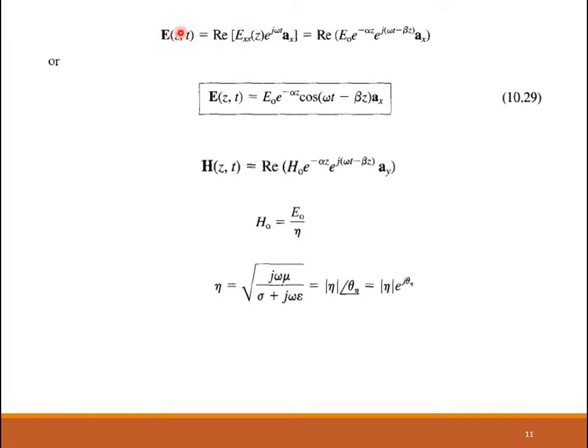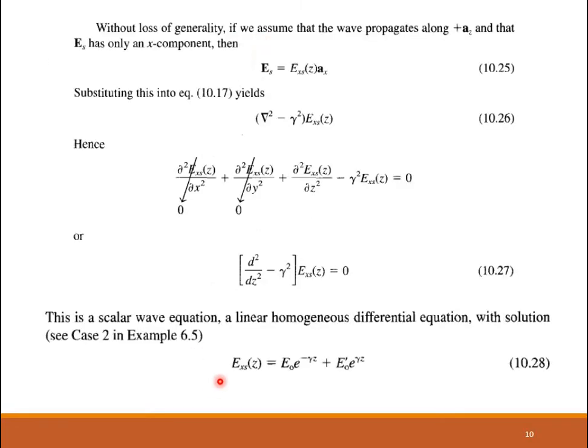So the total E is actually the real part of EXSZ e raised to j omega t ax. Okay, I have brought back the time factor. Now here this is E0 e raised to minus gamma z, isn't it? What is EXSZ equal to? It is equal to, this term is 0. This term is 0. This is E0 e raised to minus gamma z. In place of this gamma, I'm going to write it as alpha plus j beta.